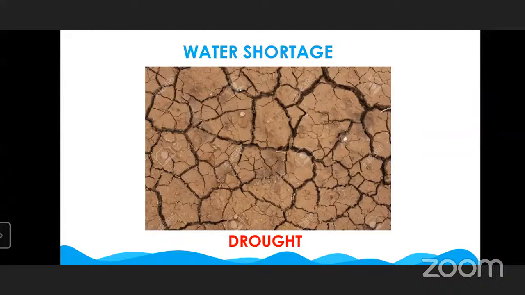Understood? This one is a problem related to water. If there is less water, then agriculture will face problems like drought.